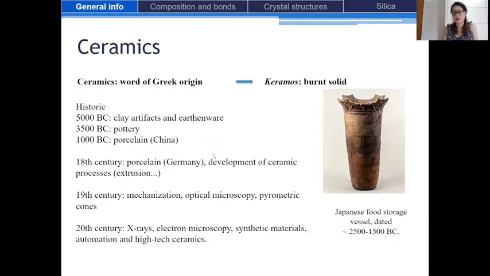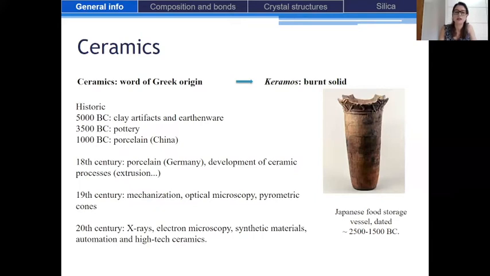Then in China, porcelain was created. And then in the 18th century, porcelain was more explored. There was the development of ceramic processes that enabled more diverse shapes of ceramic products. In the 19th century, because of mechanization and the development of optical microscopy, the understanding of ceramics improved.